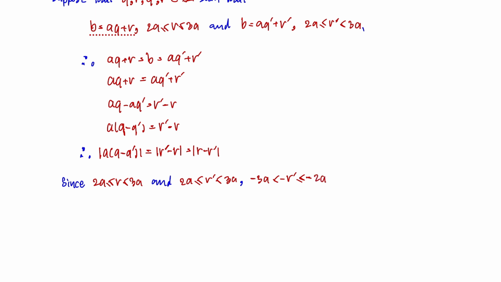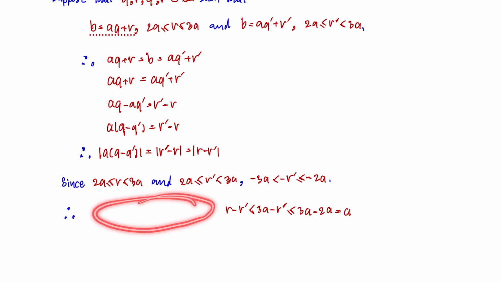I negate both sides of this inequality, so we have this one. Then let's start with R minus R prime. R is less than 3A, right? Minus R prime, and minus R prime is less than or equal to minus 2A, which gives just A.